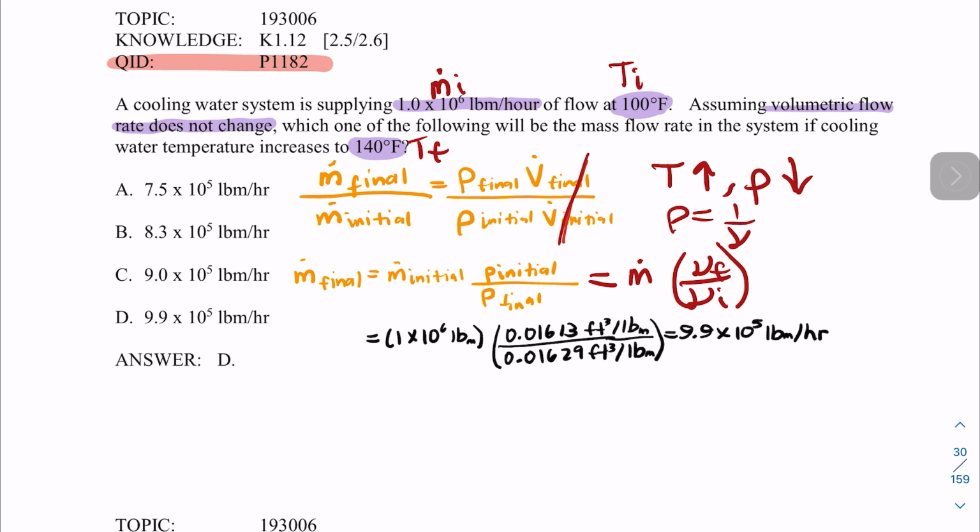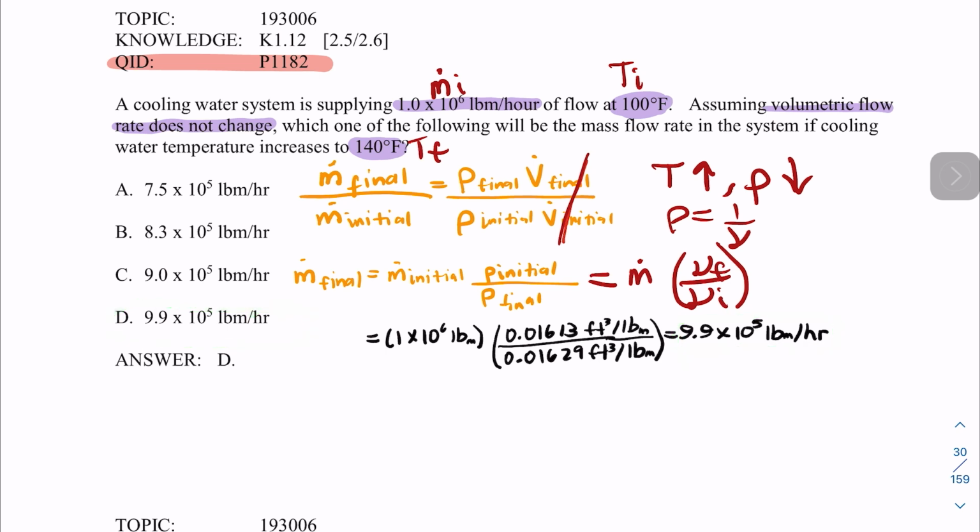And now we need to go to our steam tables and look at the specific volume at 100, right? And at 140 to be able to gather that information, be able to get our answer. And we're going to end up with the answer of 9.9 times 10 to the 5, which is going to be answer D in this case.